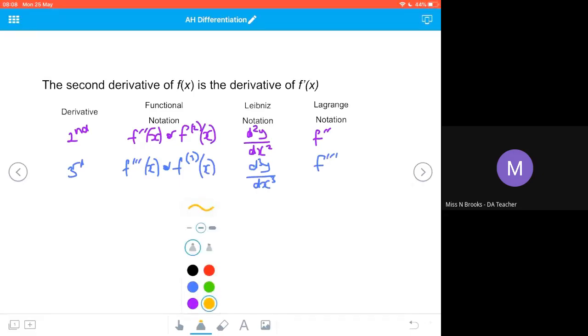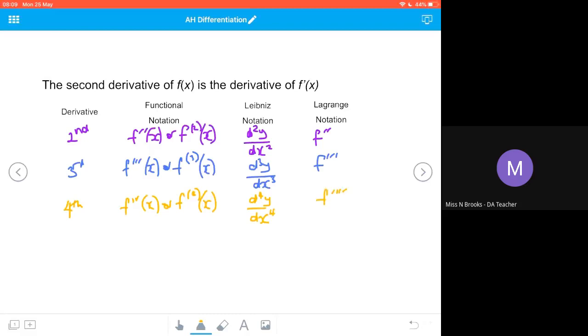Our fourth derivative in functional notation, we start to now use Roman numerals, so it'll be f iv x for 4, or the number 4 in brackets, f(4)(x). In Leibniz notation, it's d4y by dx to the power of 4, and in Lagrange notation, it's f quadruple prime.